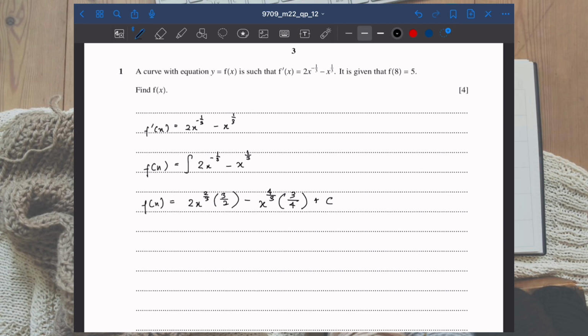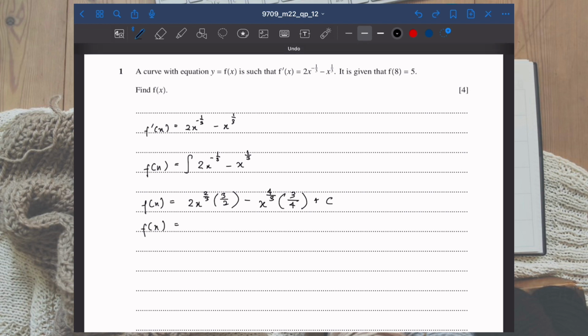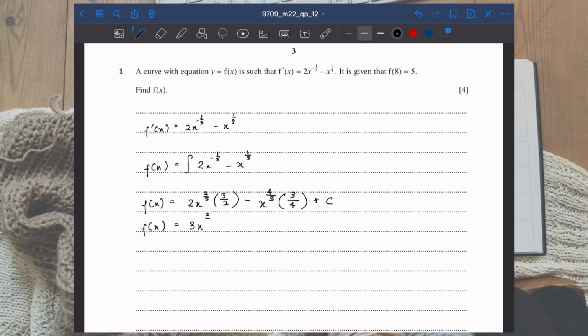So simplify that. This is 3x power 2 over 3 minus 3 over 4 x power 4 over 3 plus c. Now we can substitute in our f of 8 equals 5.